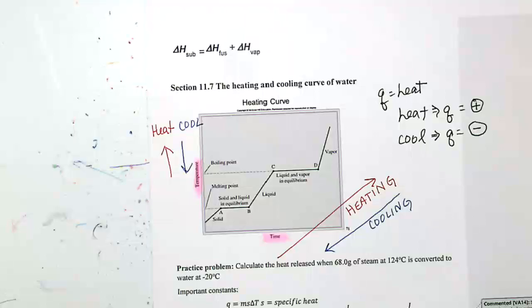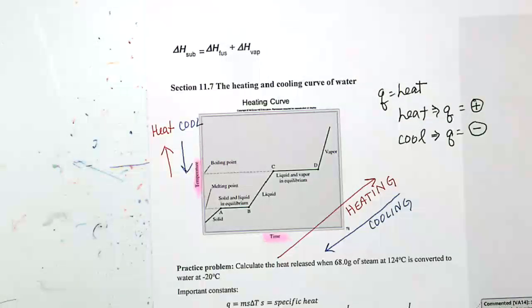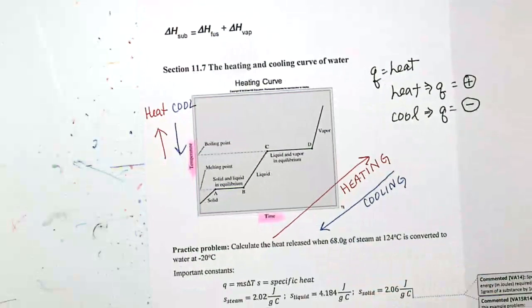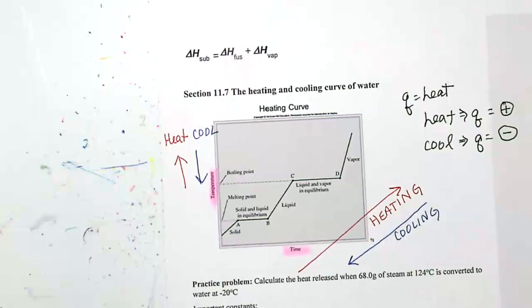Who takes that heat? The surroundings. This is the sign convention in thermodynamics. If you heat something, q will be positive. If you cool something, q will be negative. Just remember that.